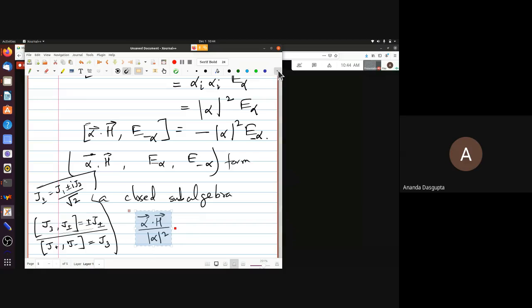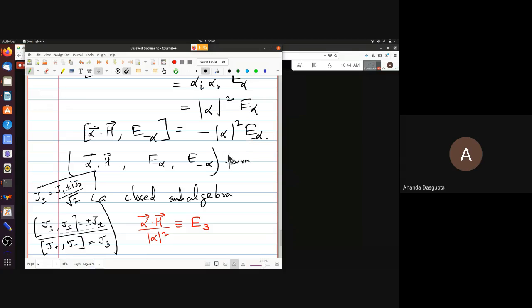Let's change colors. Let's make this red. So this is a definition. You define this. That way E3 comma E plus minus alpha will automatically become plus minus E plus minus alpha.